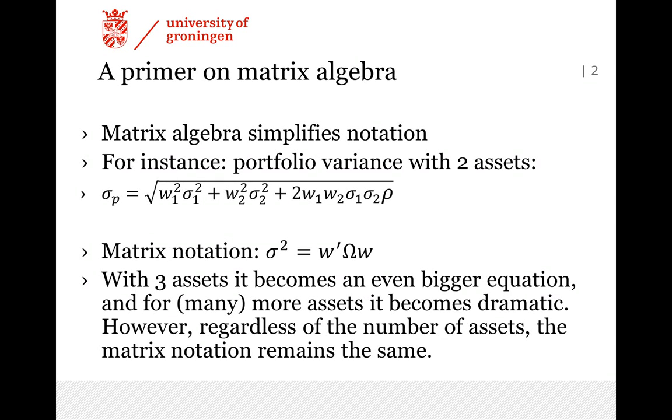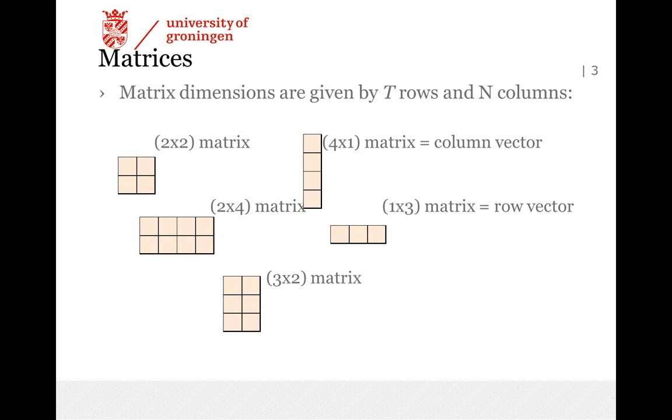Matrix notation is helpful for another reason, because we can also use it in software and for instance also in Excel. And so in order to be able to do that, we need a little background information. So we need to realize that matrix dimensions can be different. We can have square matrices like the 2 by 2 in the left top corner. We could have a column vector.